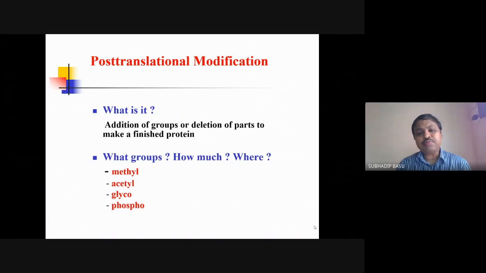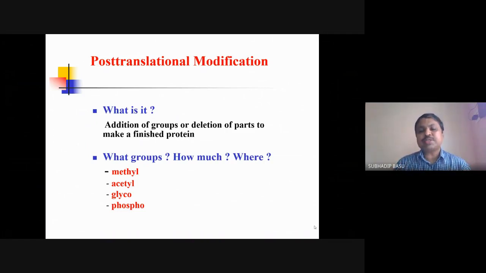What is it? It is basically the addition of groups or deletion of parts to make a finished protein. You have a raw product, and then you need to finish it: you need to add something extra, or you may crop somewhere.